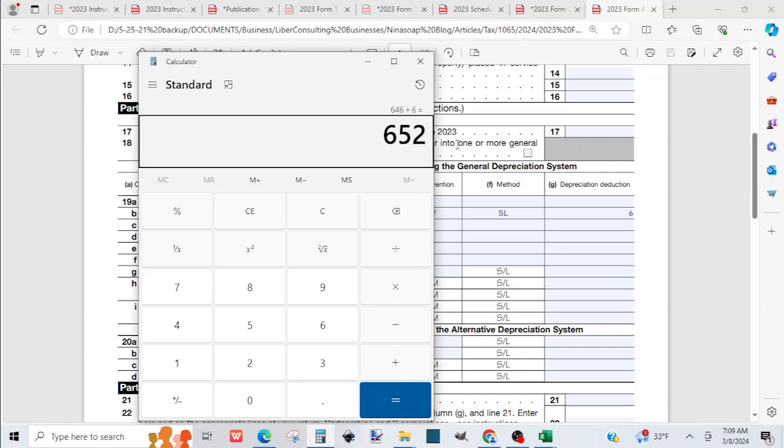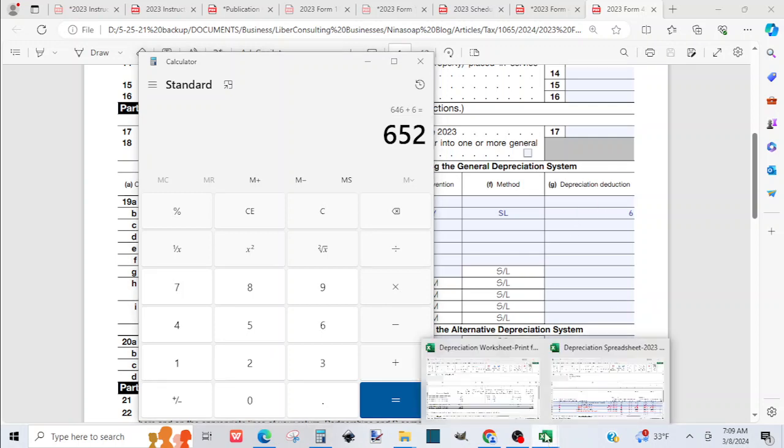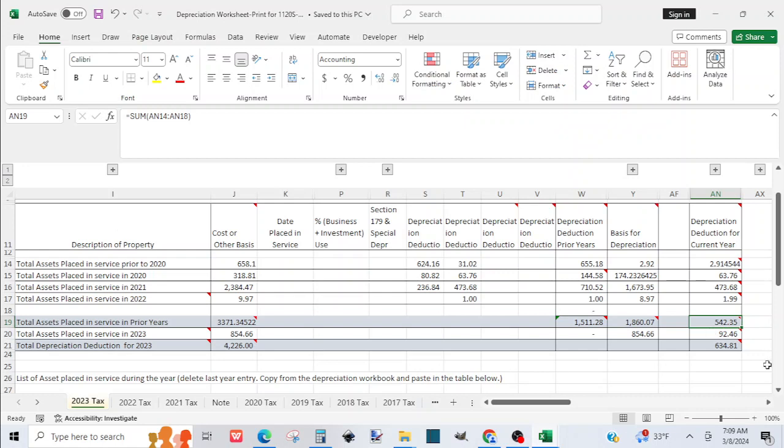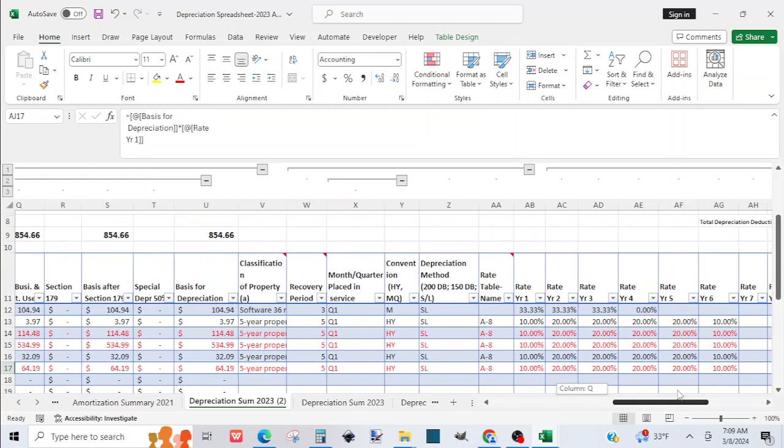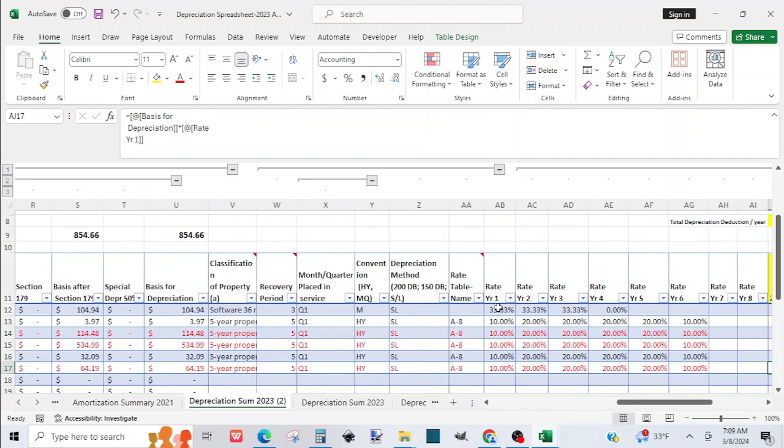So that 652 is a little bit different from here because of that 17. Let's go back. The half of this amount here is 17 something.